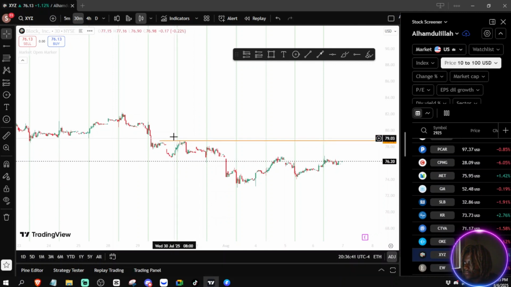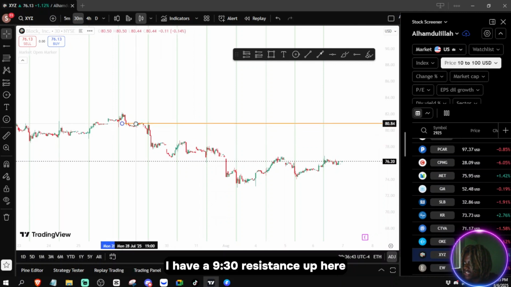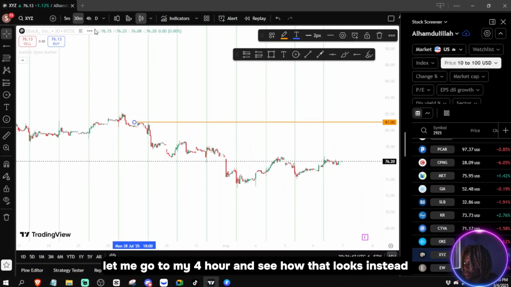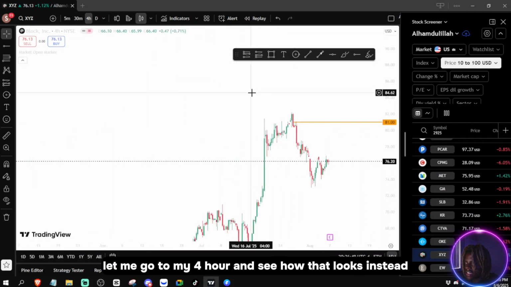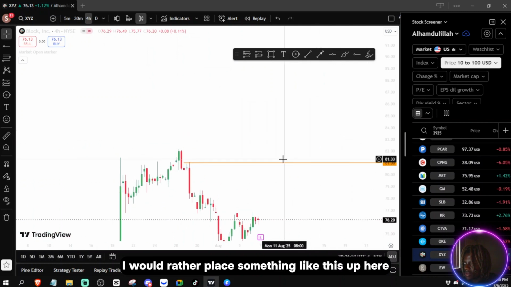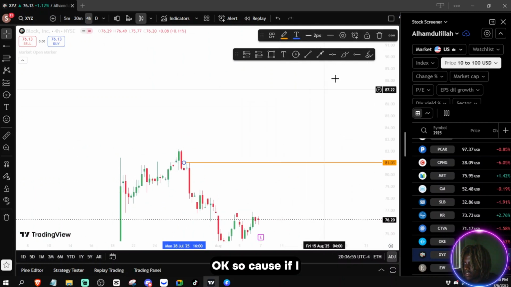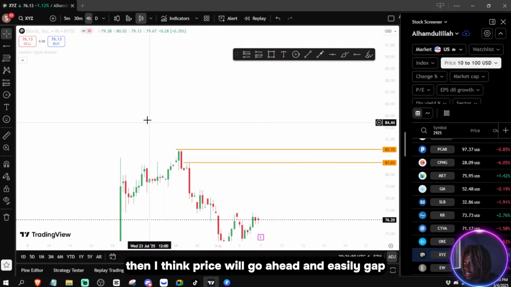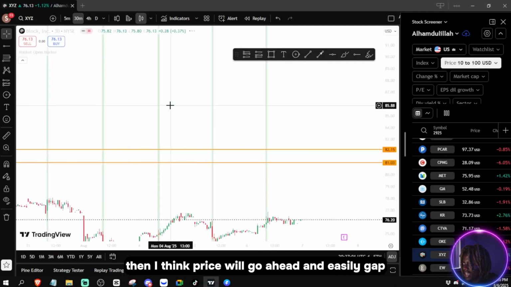I have a 930 resistance up here. Let me go to my 4-hour and see how that looks instead. Cool. So ideally, I would rather play something like this up here. Because if price breaks up there at the 930 resistance, then I think price will go ahead and easily gap fill this.